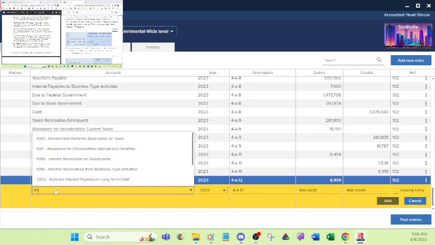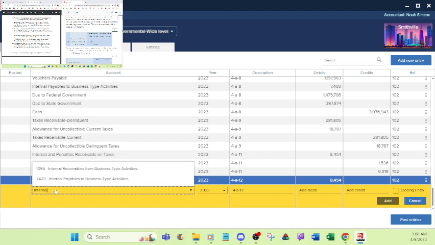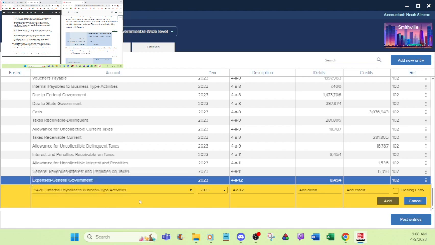Internal payables. Internal payables to business type activities.